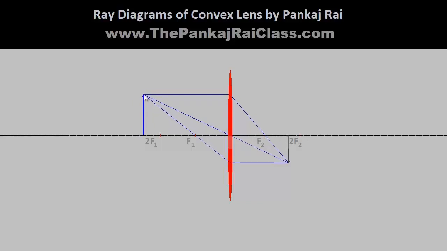Let me keep on doing this. The moment the object will arrive at 2f1, the image will be formed exactly at 2f2 and the size would be exactly same.